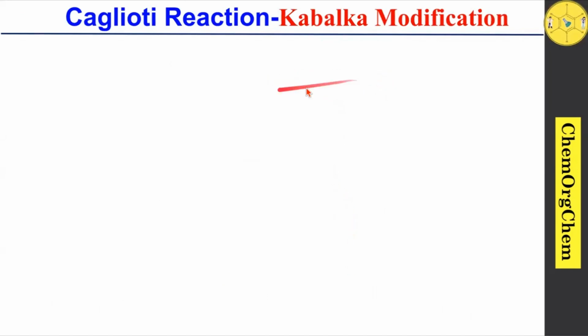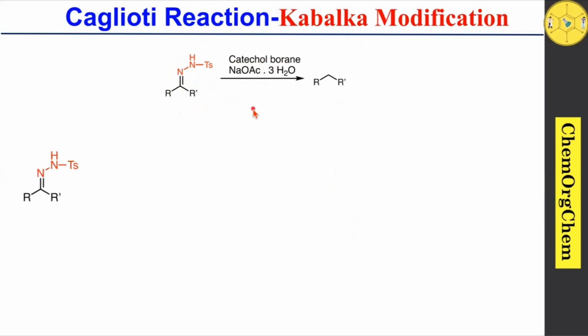Under Kabalka modification, when we treat tosyl hydrazone with catechol borane and sodium acetate, it also produces the corresponding hydrocarbon compound. This is also a relatively mild reaction condition for converting tosyl hydrazone into the corresponding alkane compound. So let's see the mechanism.